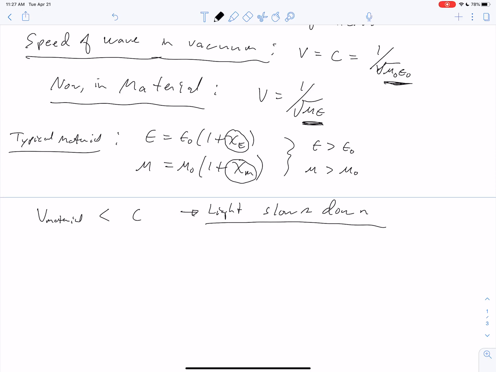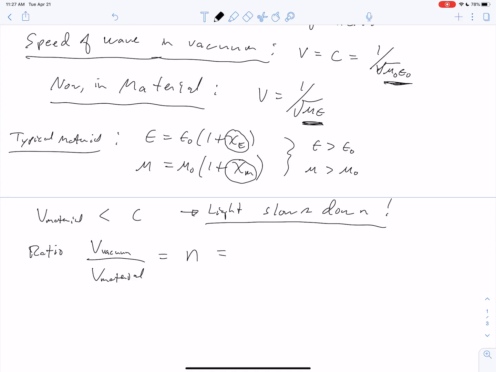So let's consider the ratio of the velocity of light in vacuum divided by the velocity of light in the material. That ratio is special, and it has a name. It's called n. You know what that is? It's the index of refraction.